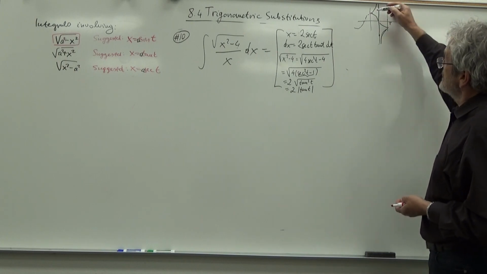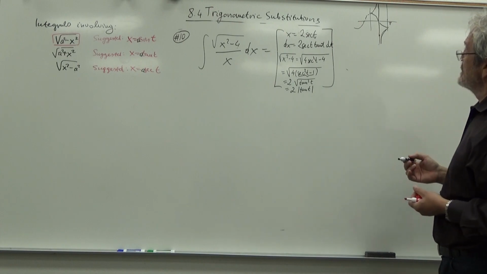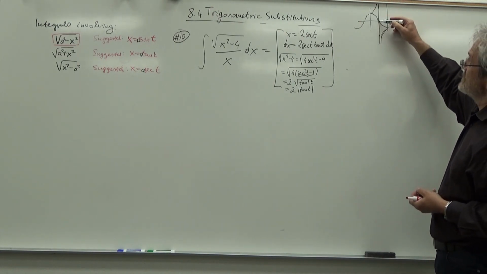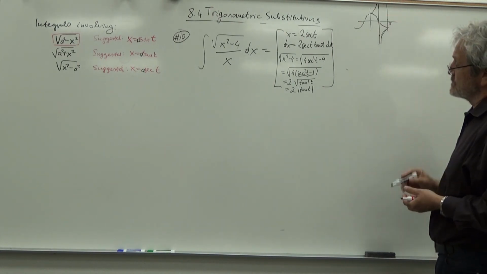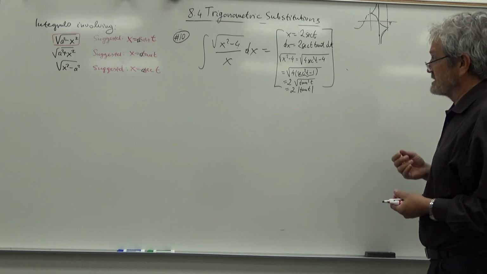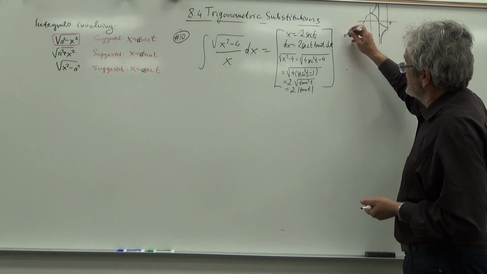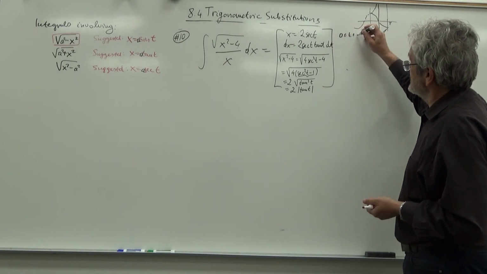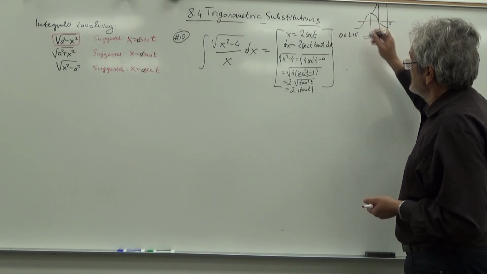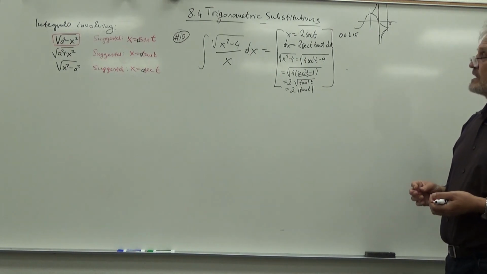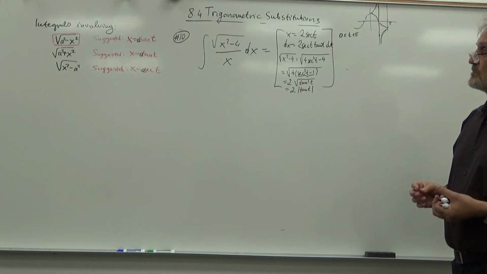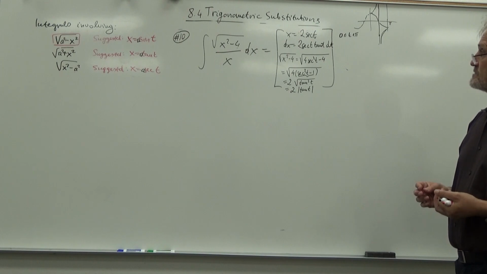So generally, you need 0 to pi over 2 to cover positives and pi over 2 to pi to cover negatives. So generally here, t should be between 0 and pi, I hope I'm not making this too complicated, to cover both positive and negative values.